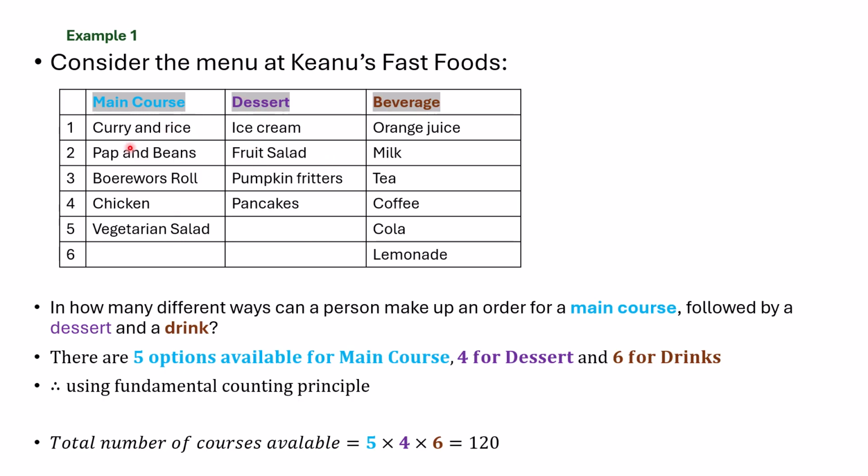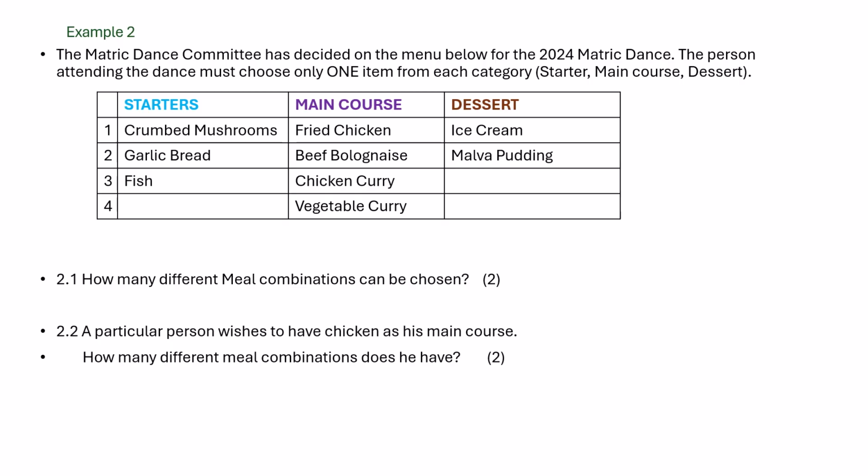If we can do this m ways and that n ways and this p ways, we just multiply them with each other. That's the fundamental counting principle. So the total number of courses available is 5 times 4 times 6, which gives me 120 different combinations available to me. Right, let's look at the second example.